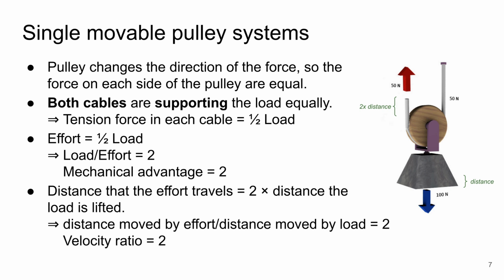And because there are two lengths of 10 centimeters in the cables, that equals 20 centimeters. And therefore, the distance moved by the effort is twice that of the load. If we take the distance moved by the effort divided by the distance moved by the load, that is equal to 2, and therefore the velocity ratio equals 2.